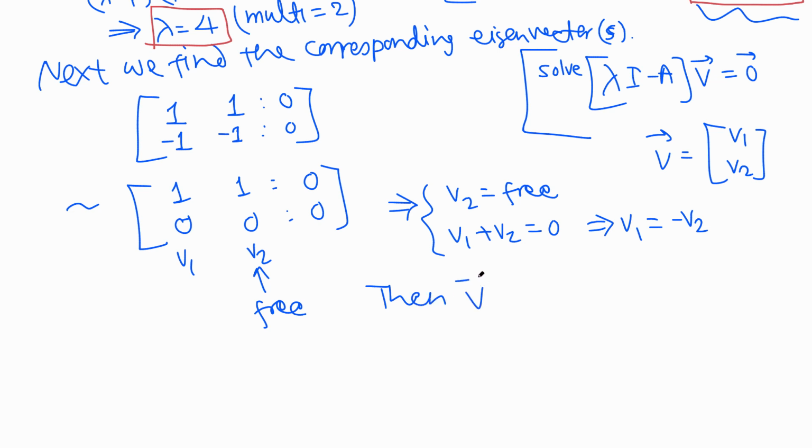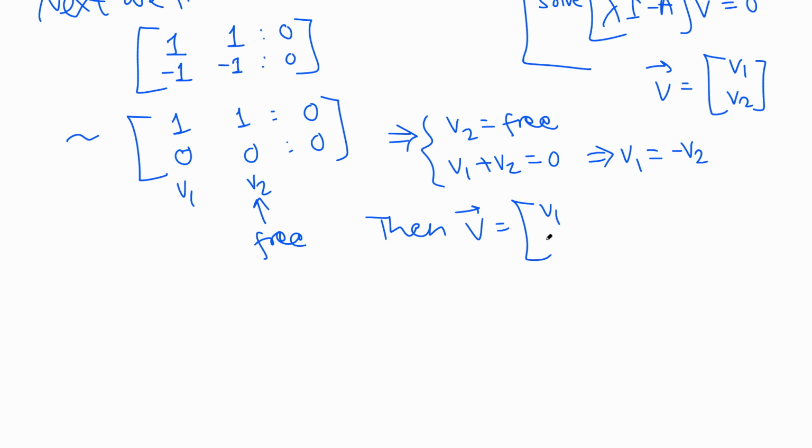Then our eigenvector v1 v2 is negative v2, v2, and we can always pull v2 out, or we can pull negative v2 outside, leaving 1 and negative 1.